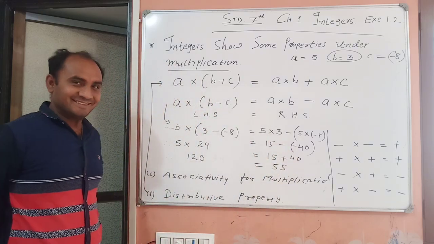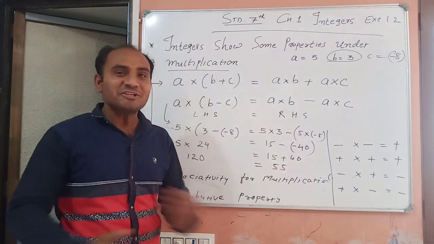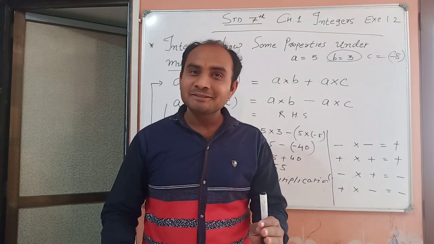Now observe that. Here 120, here 55. That means this identity is wrong.